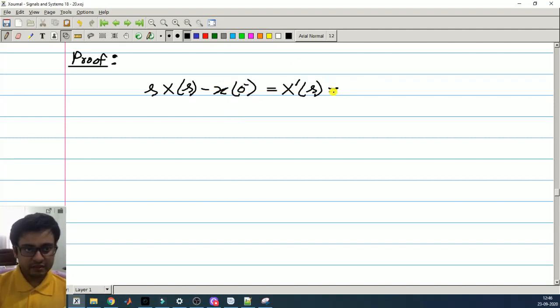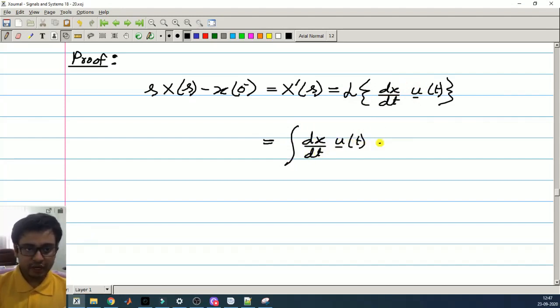This is the Laplace transform of x dot t, or you may write dx dt multiplied with ut. So this is equal to the integration of this signal dx dt ut multiplied with e to the power minus st dt, starting from t equal to minus infinity to plus infinity.